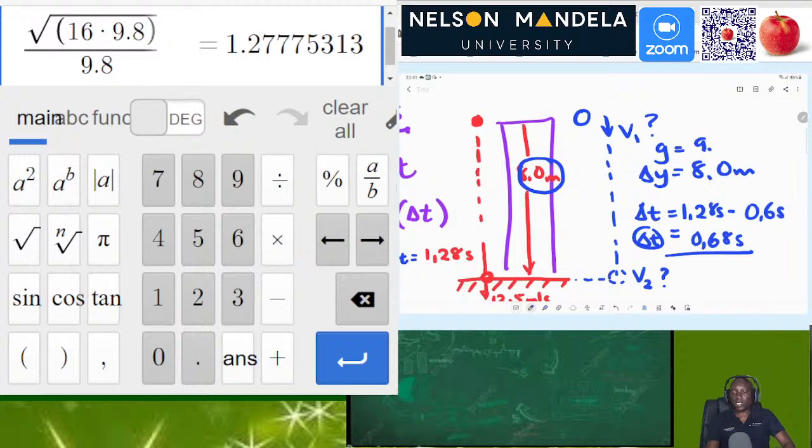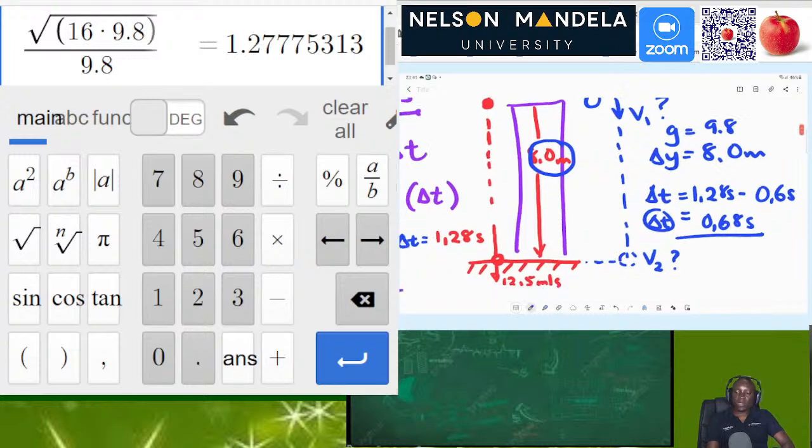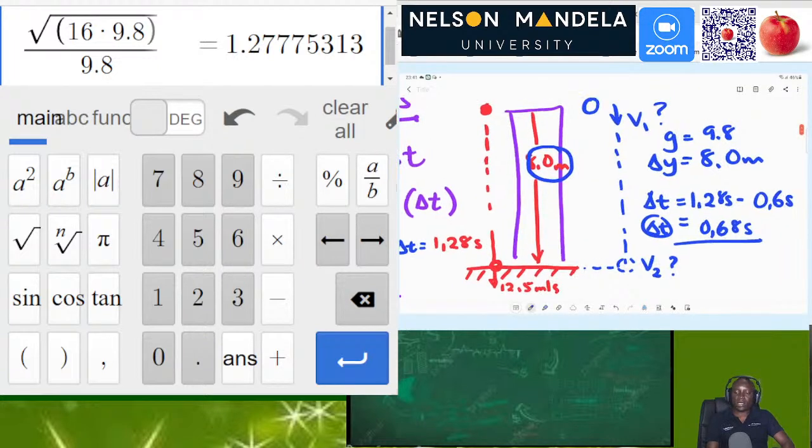The question says the speed at which the ball is thrown downwards. So we want v1. What is that initial speed which will make ball B cover 8 meters in 0.68 seconds?